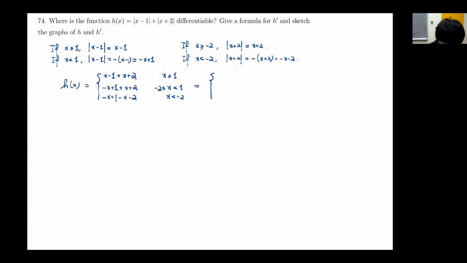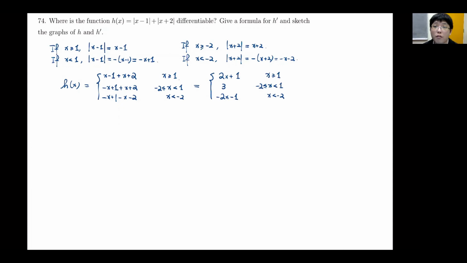So now we could further simplify this as 2x plus 1 if x is greater or equals to 1. And in the middle guy over here, we get the number 3. So this is the function where x is between minus 2 and 1. And finally, when x is strictly less than minus 2, what we get is minus 2x minus 1. So that's my expression of h of x. Okay, so this is the formula for h.